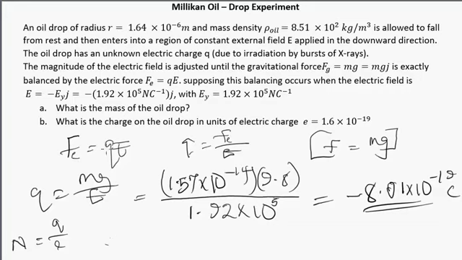So we'll have our Q already to be minus 8.01 times 10 to the power of minus 19.